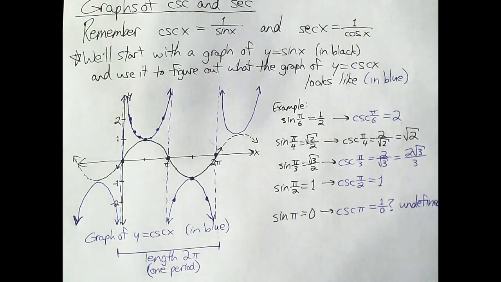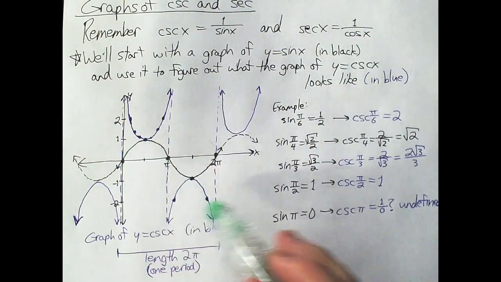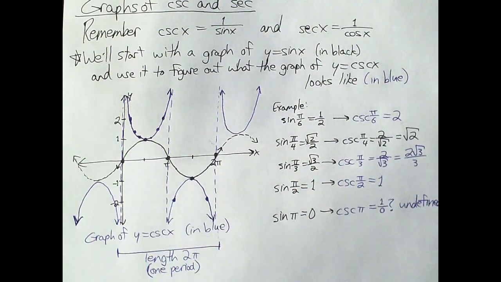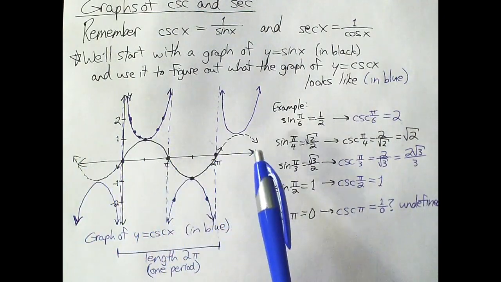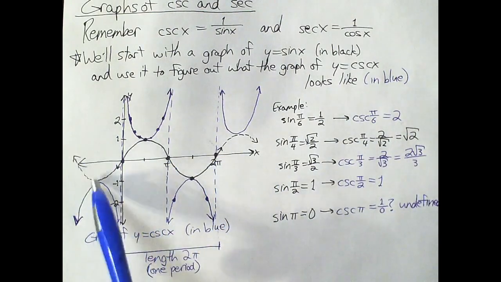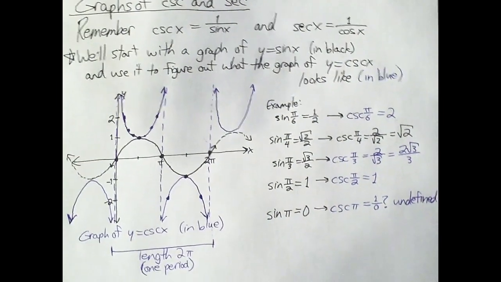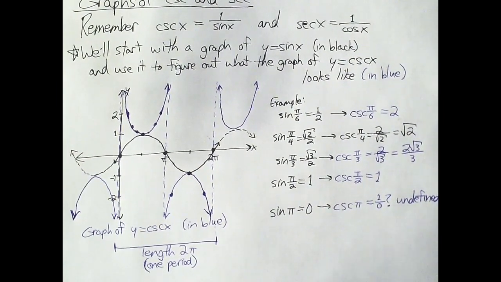And then we're left with just the graph of cosecant. So maybe you could imagine doing that. I've got whiteout tape, but I think it would make a mess of this picture if I did that. So I hope that you can see that the black curve is the graph of sine x, which we used as a guide. The actual graph of cosecant is just what we have in blue.